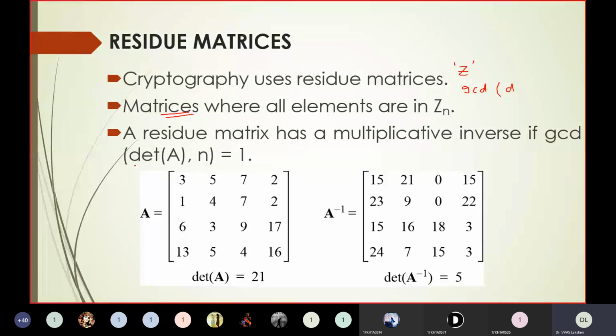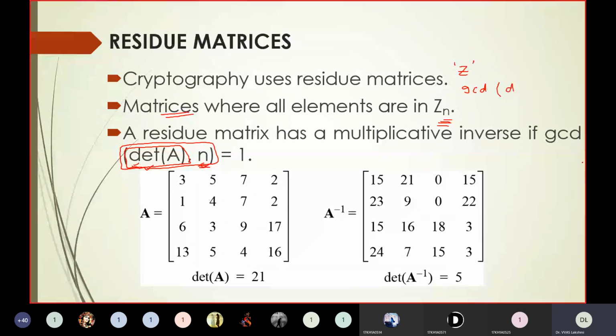First we are going to calculate the determinant value. So here this is the determinant value. Then n is the set number, here Zn. Okay. We calculate the GCD between the determinant value and the n value.